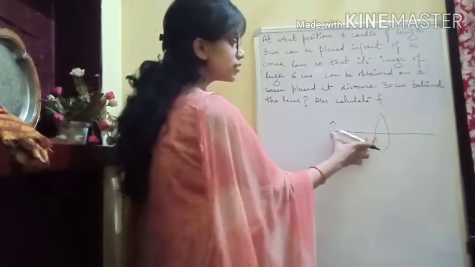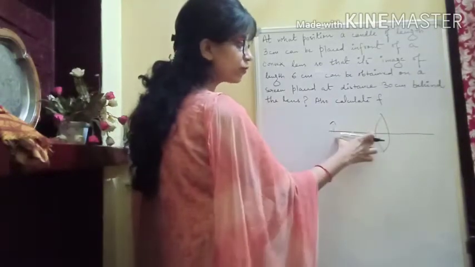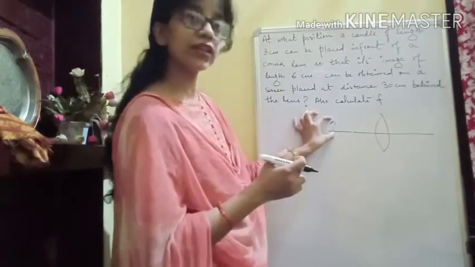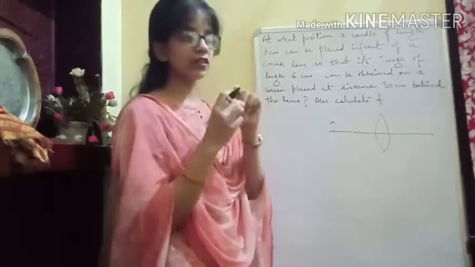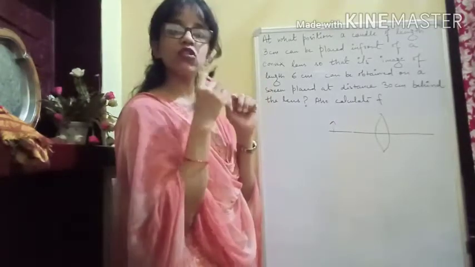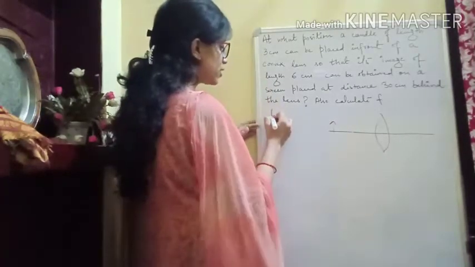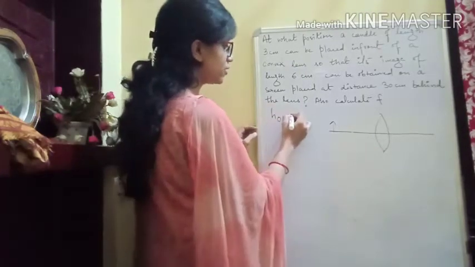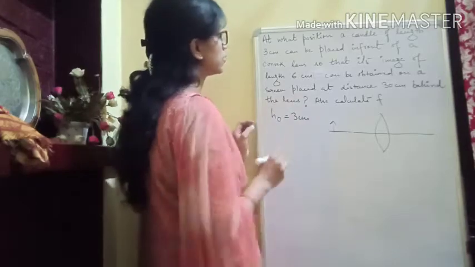This is the distance of the object from the lens. This is not given, but they have given the length of the candle. We have learned that the length or height of the object, we take it as HO, because it is the height of the object, and it is given as 3 cm.